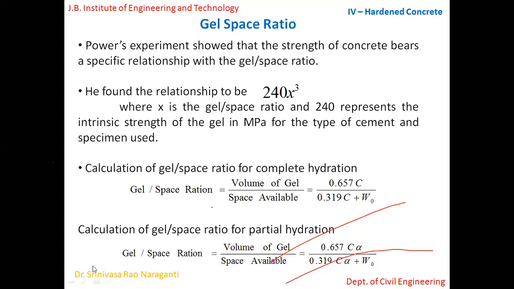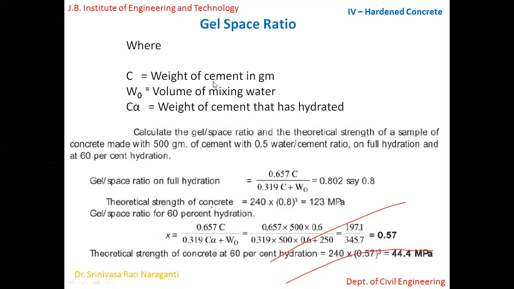Then similarly, calculation of gel space ratio if it is partially hydrated. For example, say cement is hydrated only about 60% or 70%. If that is the case, then gel space ratio is calculated using this equation. Let's see what is what. What is C, what is W naught and alpha. C is the weight of the cement you have taken, in grams. W naught is the volume of mixing water, how much water we're adding.